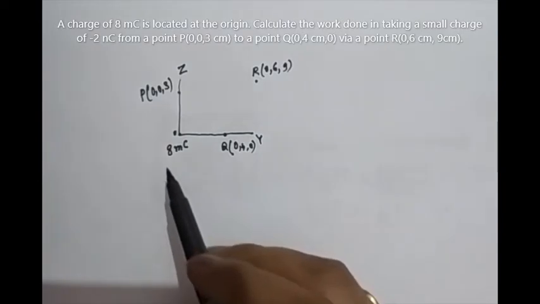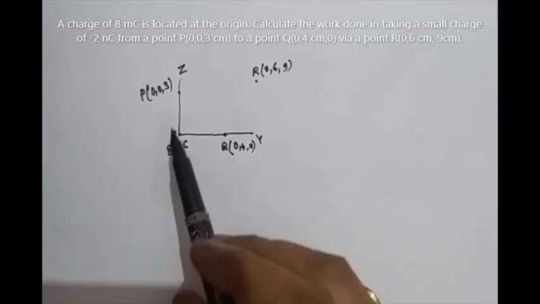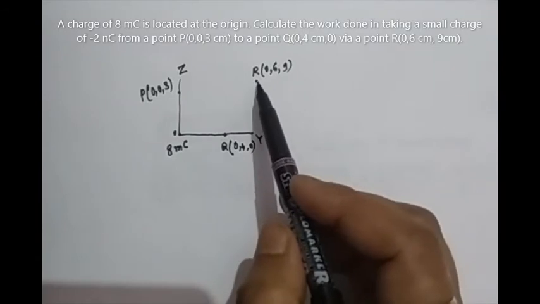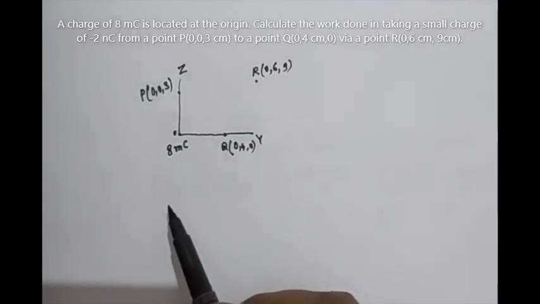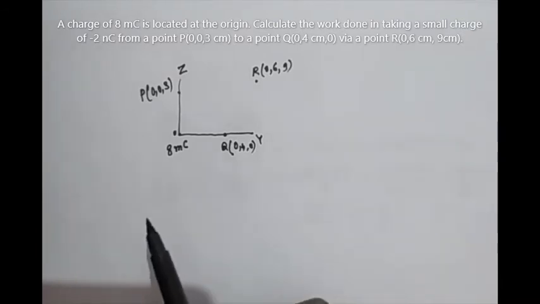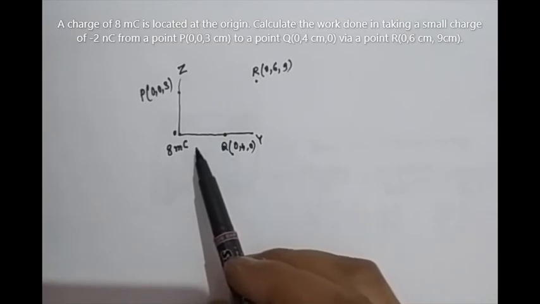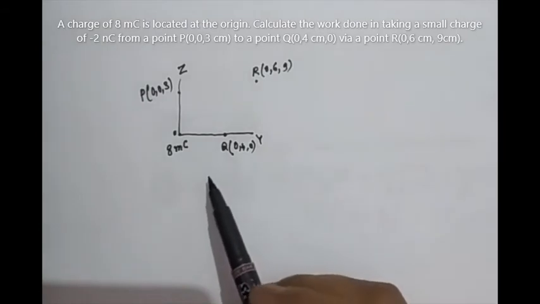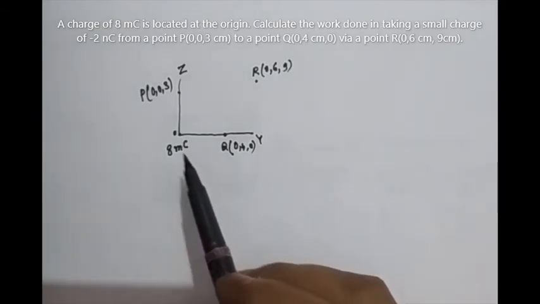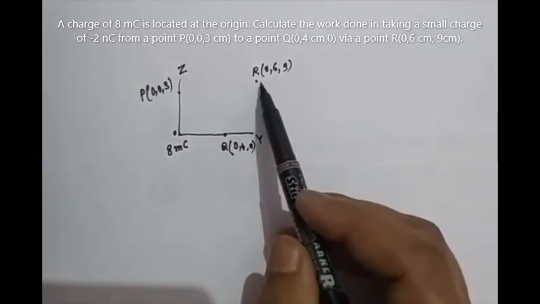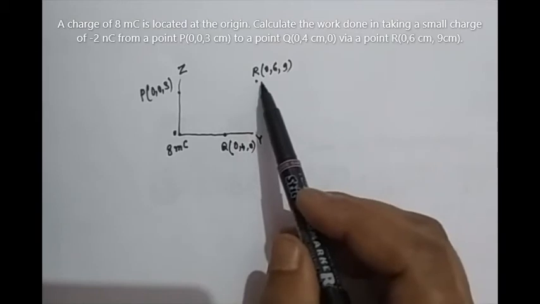A charge -2 into 10 to the power -9 is taken from point P to point Q via this point R. You know that electrostatic force is conservative force. So work done by electrostatic force does not depend on the path followed. It only depends on initial and final positions. So this is not required.